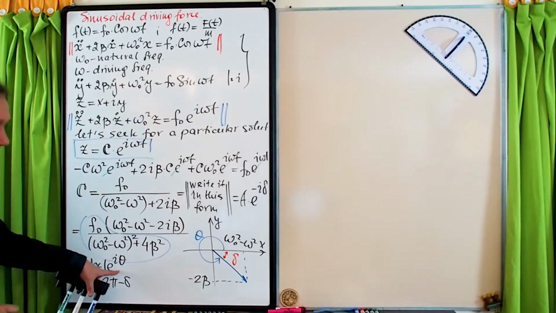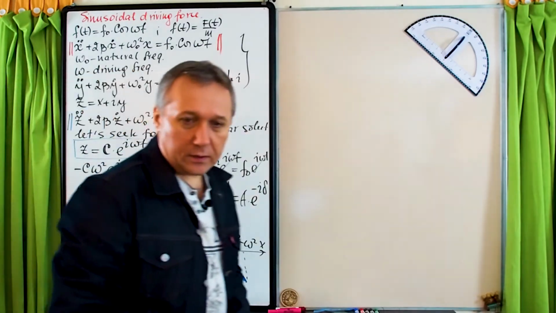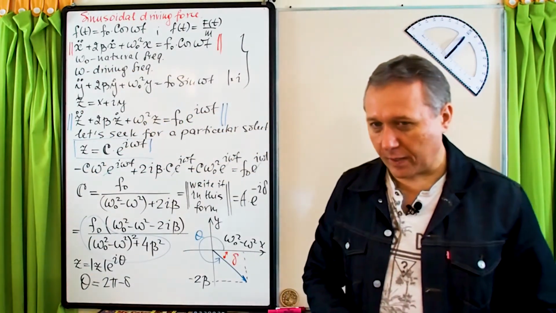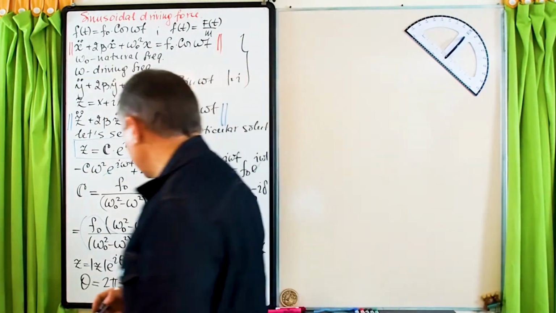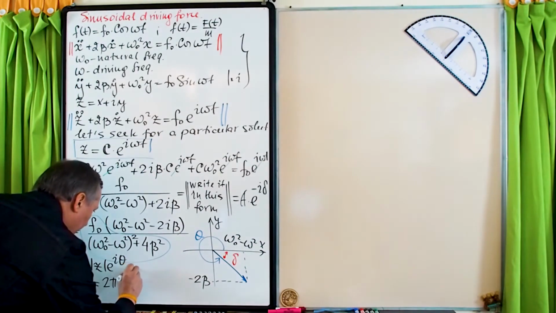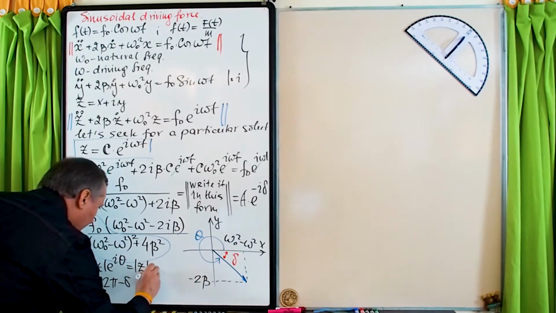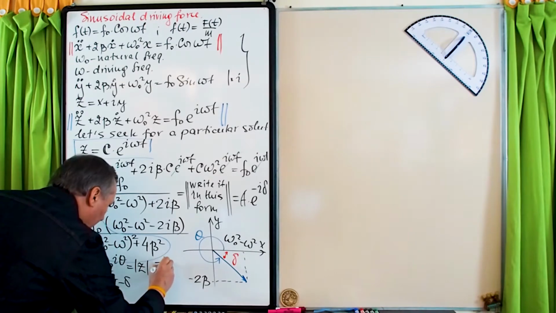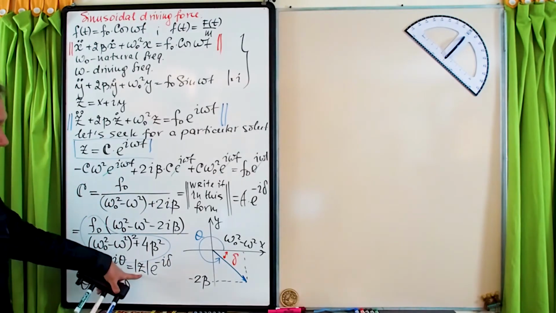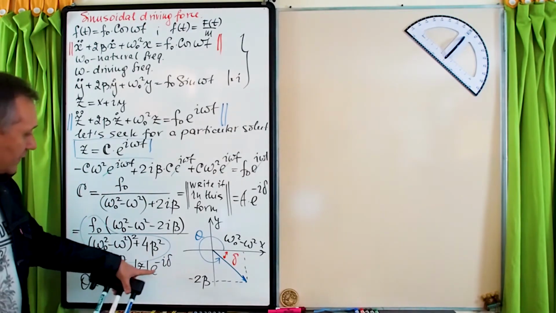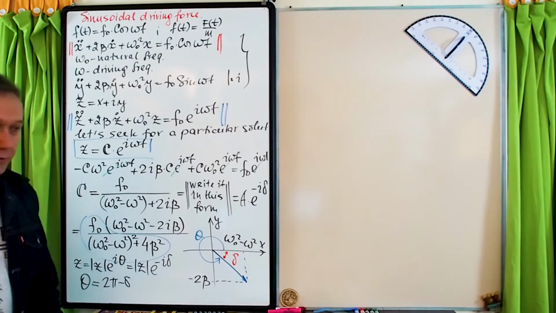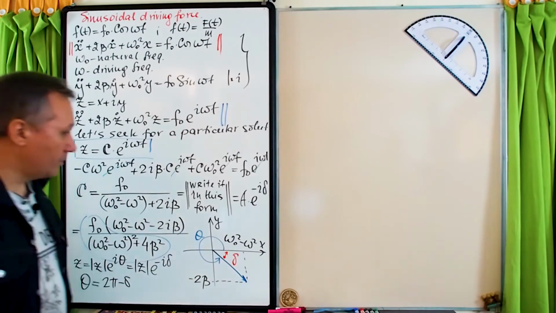Right? So if you plug it here, e to the power of i 2 pi is just 1. And as a result, we'll have the absolute value of z times e to the power of minus i delta. So now we just need to find the absolute value of z and delta, and we can easily do it from the picture.